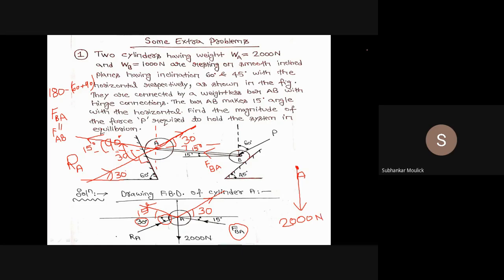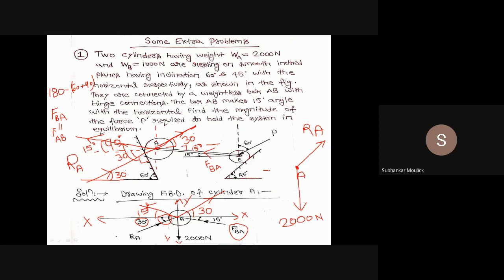From this point A, the reaction force RA is acting in this direction, and it is making an angle of 30 degree with positive x-axis. This is x-axis, this is y-axis.